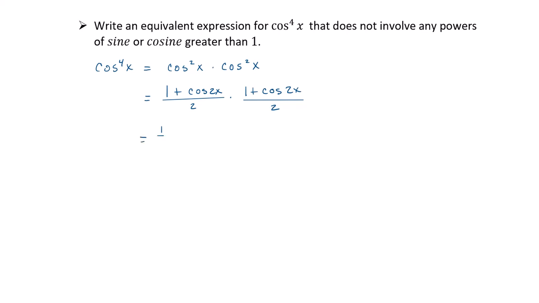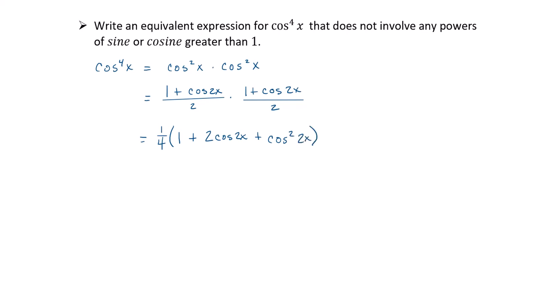This is going to give me 1/4 times 1 plus 2 cosine 2x plus cosine squared 2x.